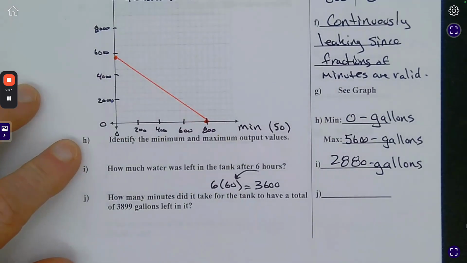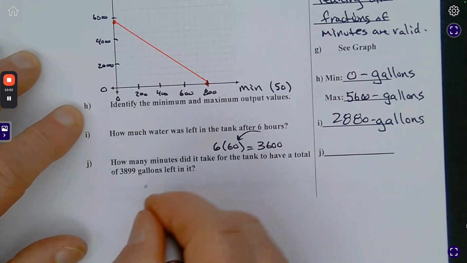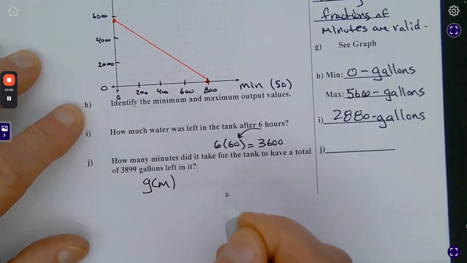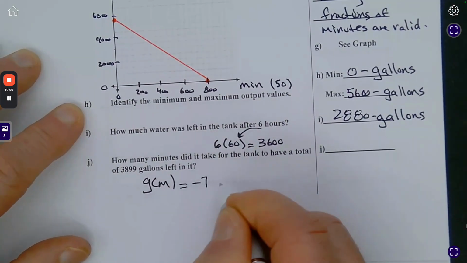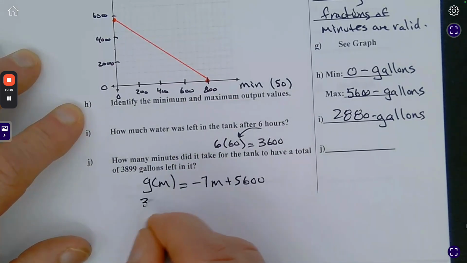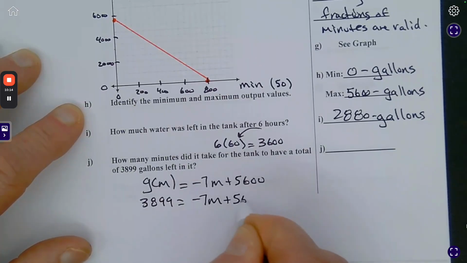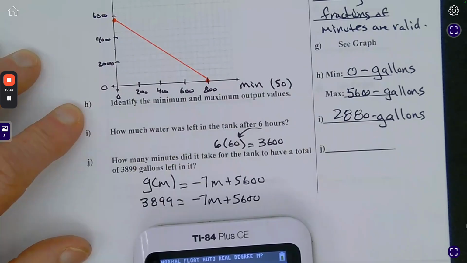All right, how many minutes did it take for the tank to have a total of 3,899 gallons? Okay, well, that's my output value. So here's my function. I'm going to let my output be 3,899. Subtract 5,600 from both sides.